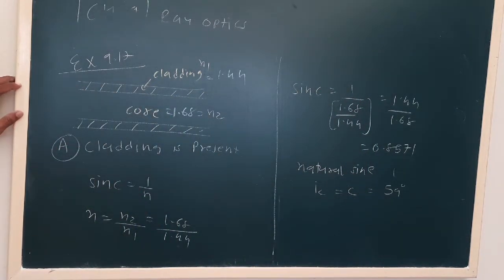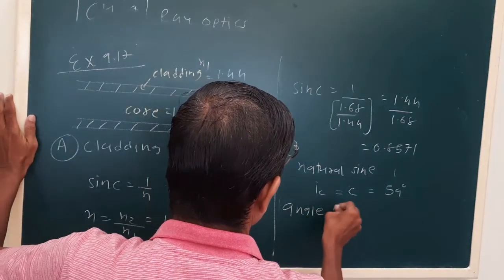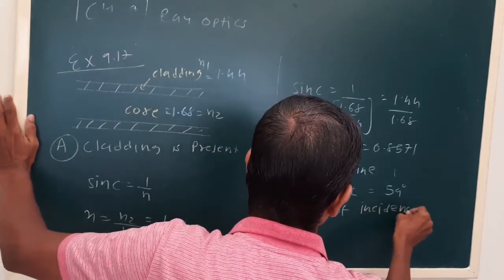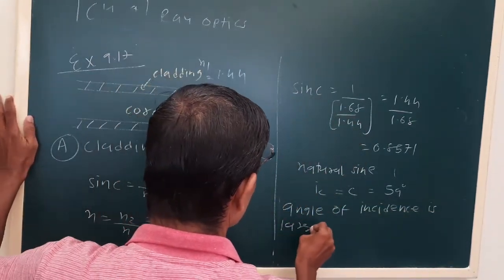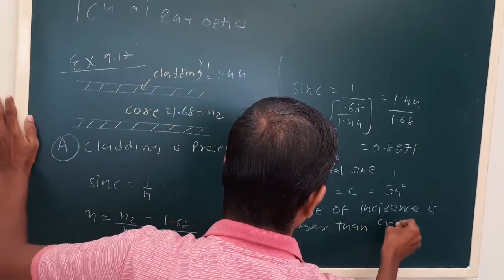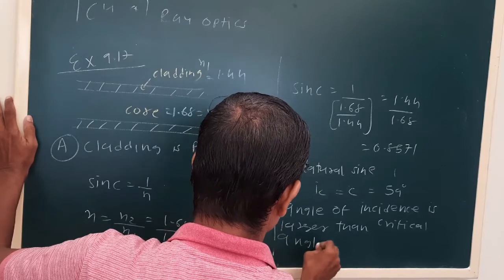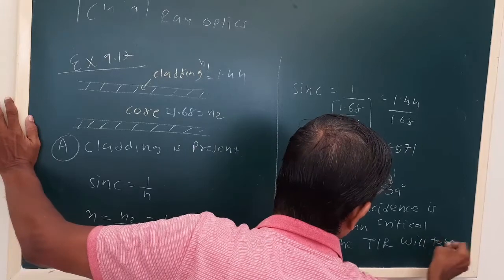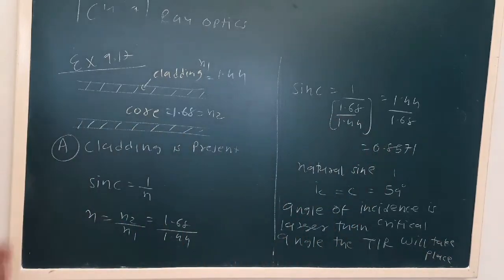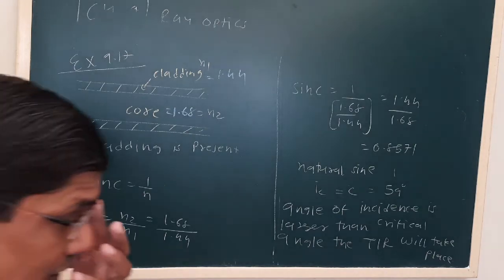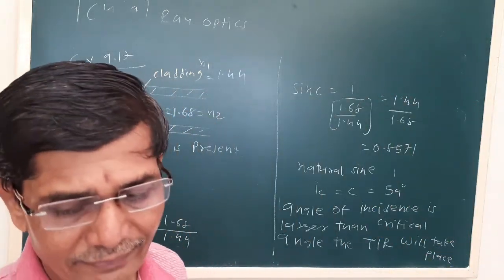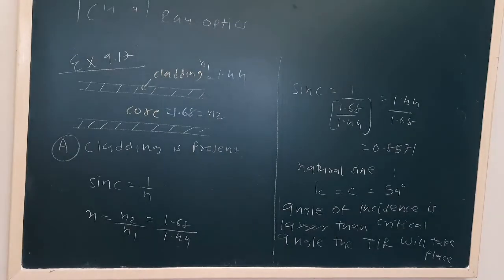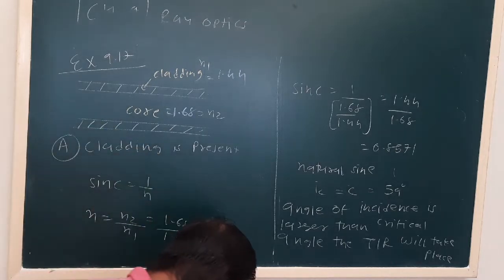Now we know that if the angle of incidence is larger than the critical angle, then, as we have discussed earlier, the condition of total internal reflection is satisfied. So the angle of incidence is more than the critical angle, and total internal reflection will take place. Now see, this is a value of I.